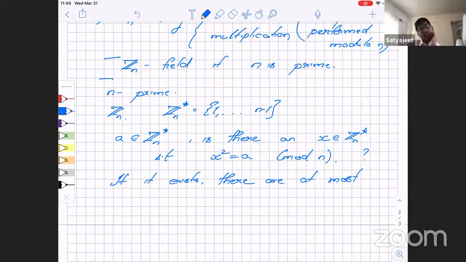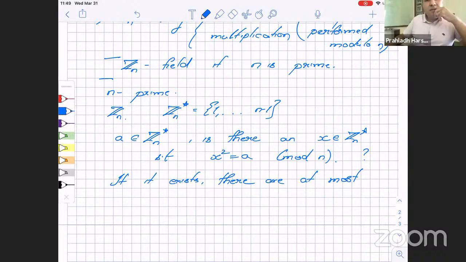I guess exactly, because x and p minus x would satisfy it. x and p minus x, are they different or are they the same? Can they be the same?